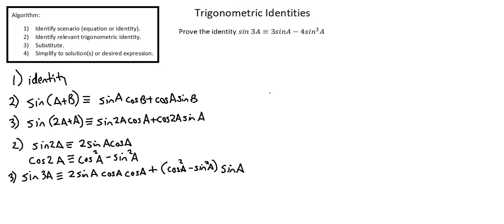And now step 4, simplify to solution, or in our case, desired expression. Sine 3a is an identity with our first term, 2 sine a cosine a will become 2 sine a cosine a squared.